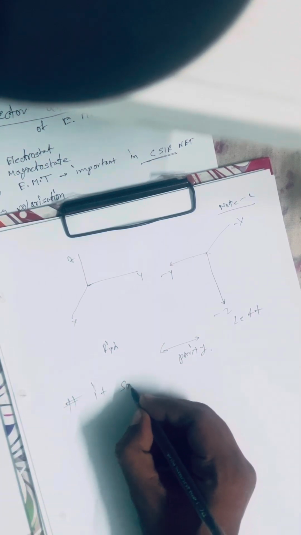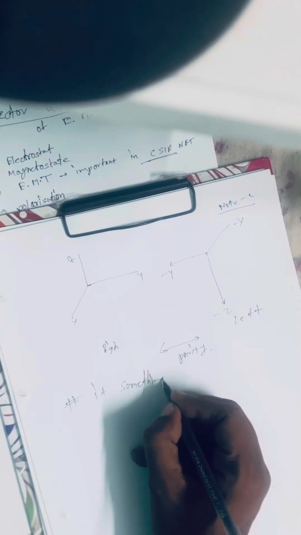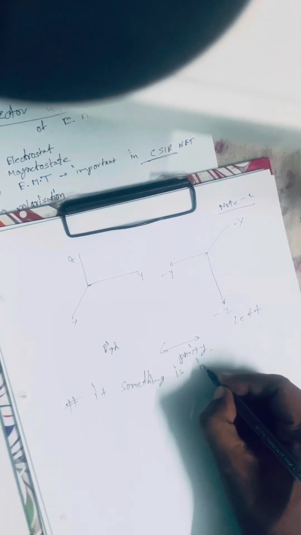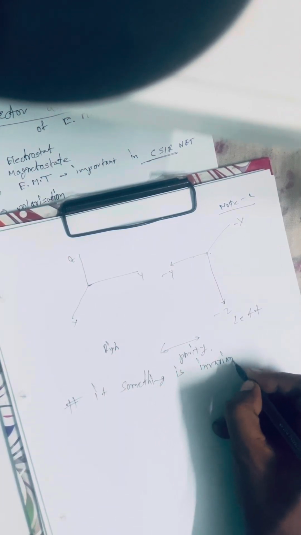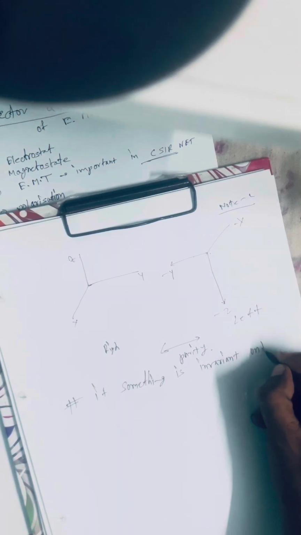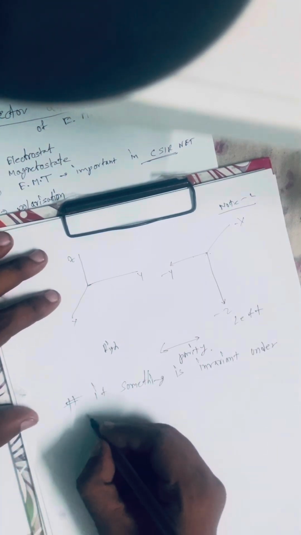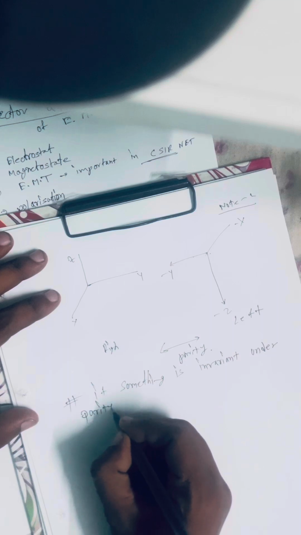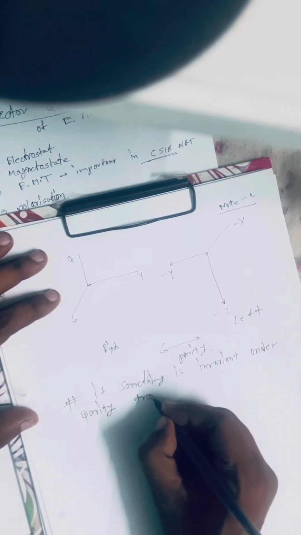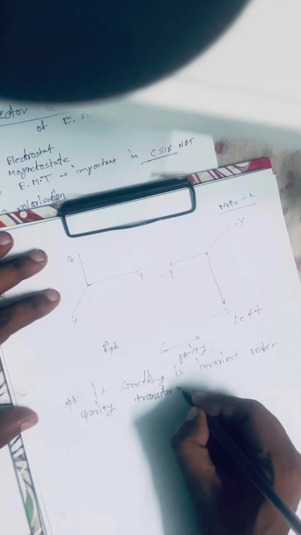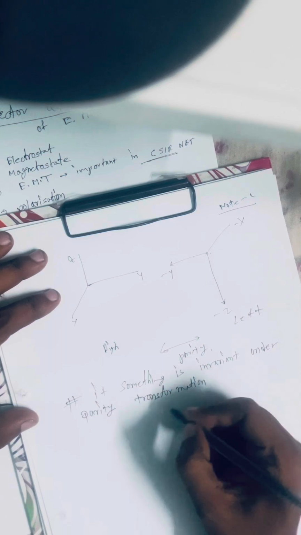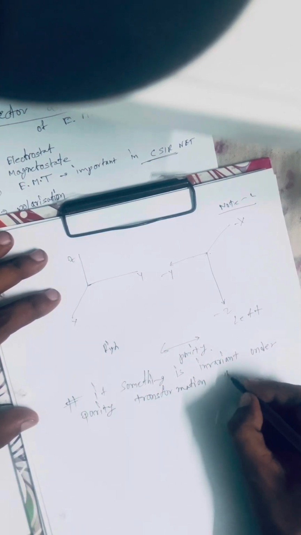If something is invariant under parity transformation, what it means?